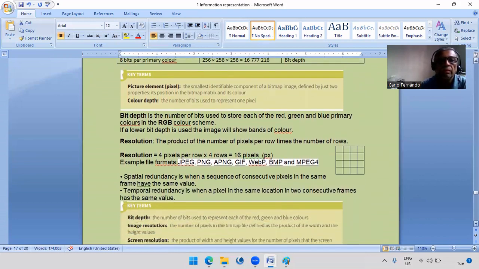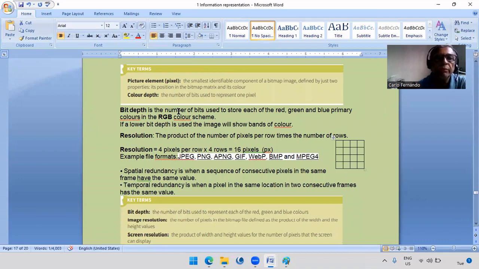format. The key terms now: picture element, pixel, the smallest identifiable component of a bitmap image, defined by just 2 properties: its position in the bitmap matrix and its color. Color depth, the number of bits used to represent 1 pixel.